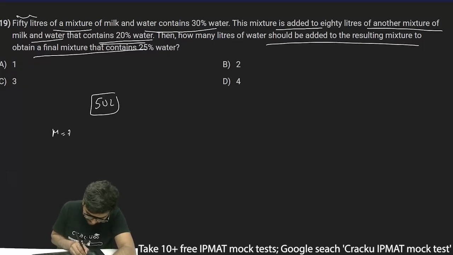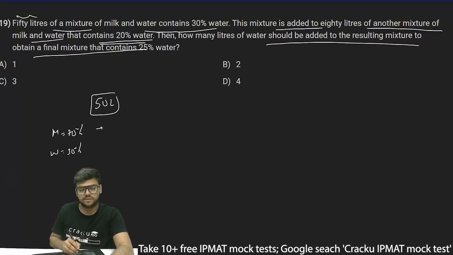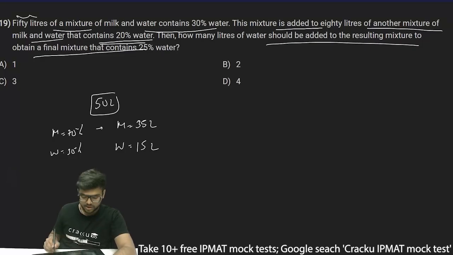So milk is 70% and water is 30%. Now if milk is 70%, milk is 70% of 50, which is 35 liters. And water is 30% of 50 liters, which is 15 liters. So milk is 35 liters, water is 15 liters.